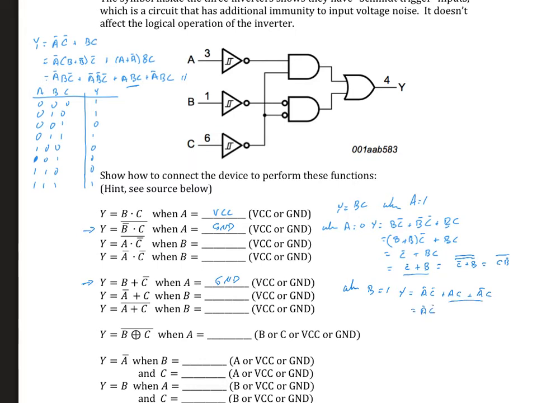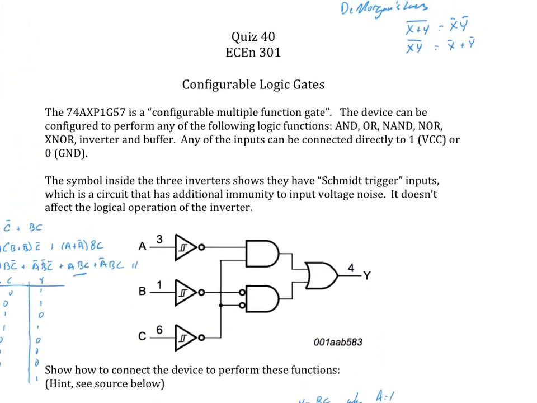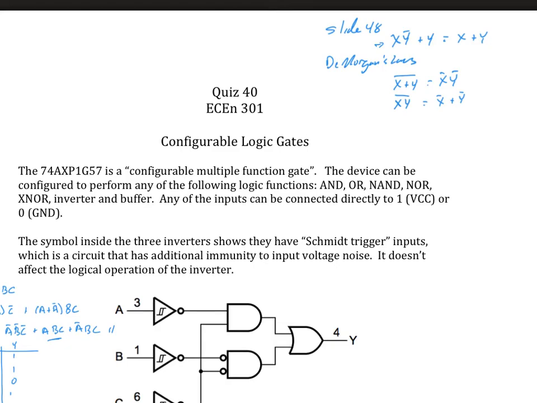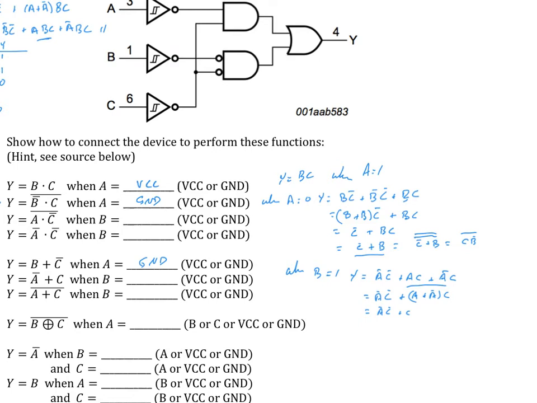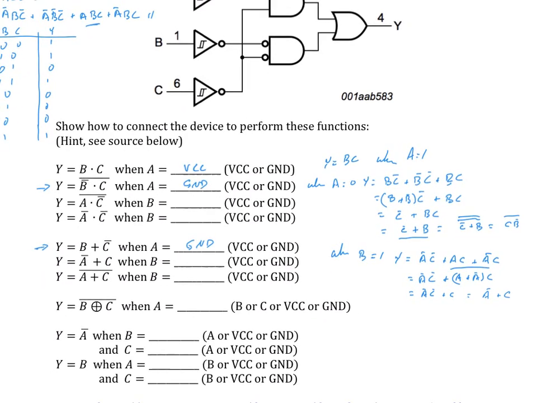We get A bar C bar, or (A plus A bar) times C, and that's going to be A bar C bar plus C. And now we can again go back and use that expression on slide 48, x y bar plus y, to get that this expression then is going to be A bar or C. And so we look over here and A bar or C, this is when B is equal to VCC.